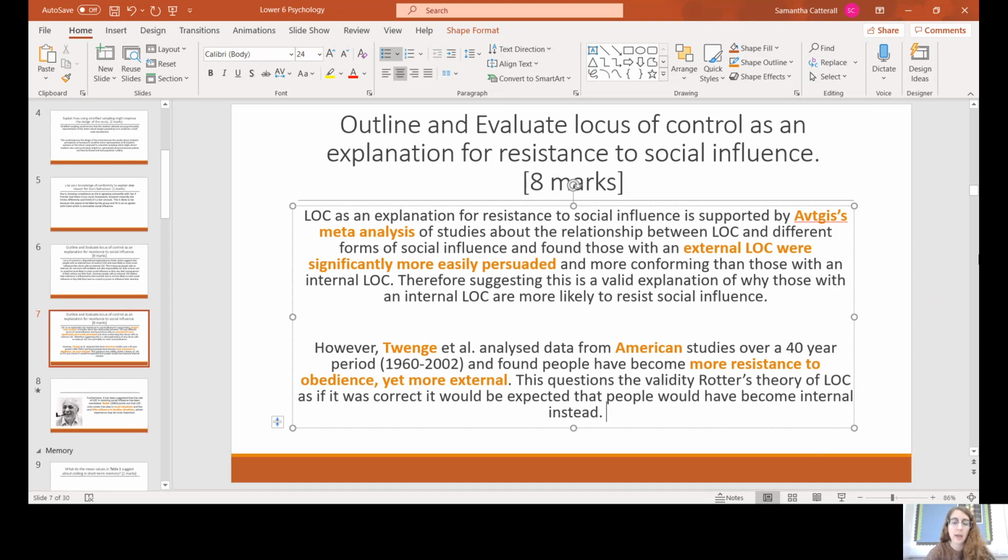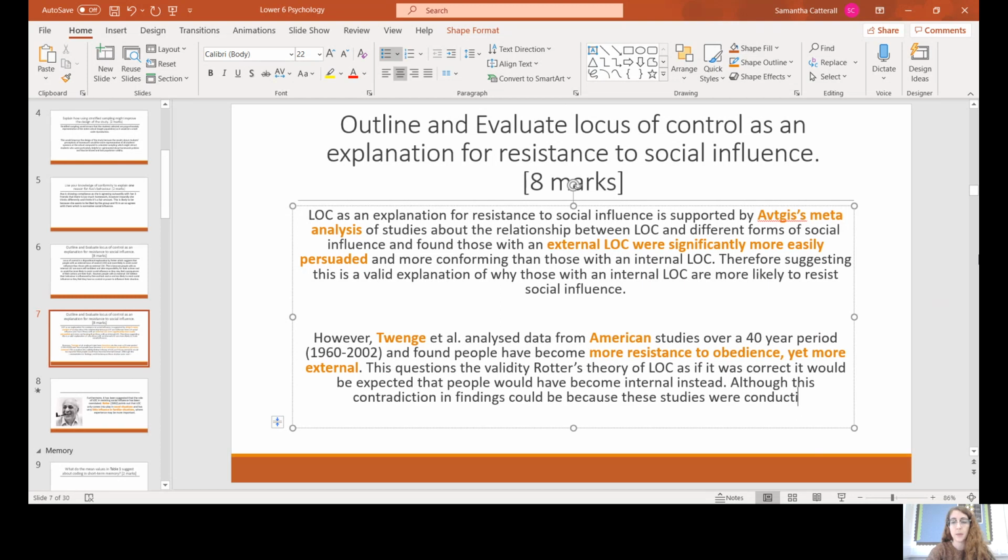So you could actually say on here, although this contradicts findings, could be because these studies were conducted in artificial novel situations, and Rotter suggests locus of control is less influential.